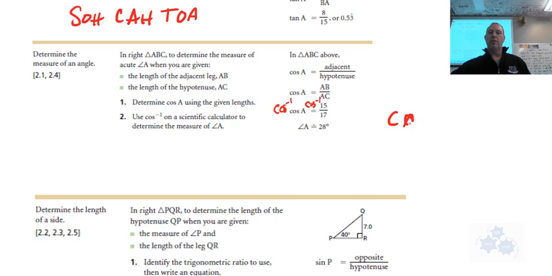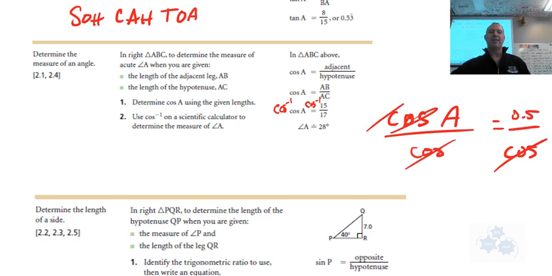This is a big no-no. Cos of A, and a student goes, okay, I need to find A. I'm going to divide by cos. Please, you can't do that. That doesn't make sense. You can't do 0.5 divided by cos. Your calculator will say, what are you doing? It'll say error.